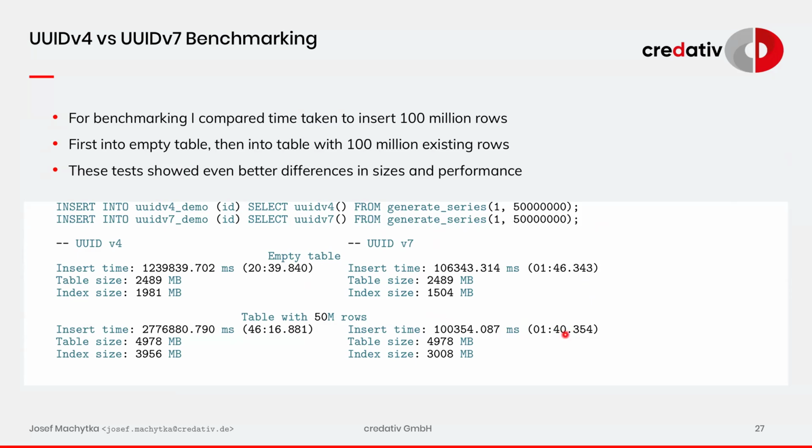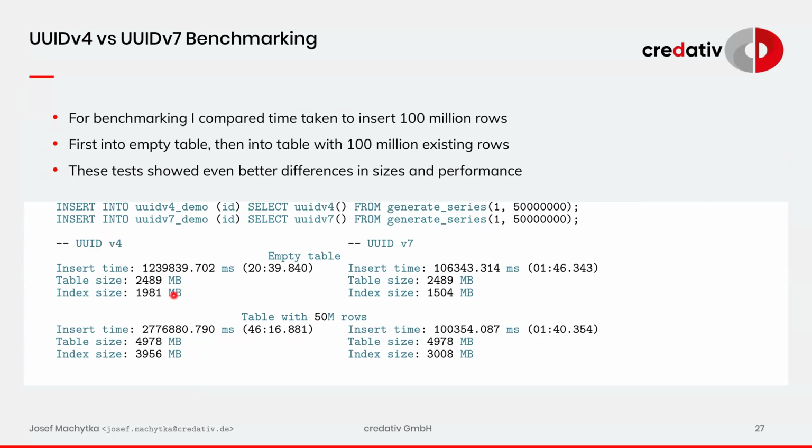I don't know why, but the difference is statistically absolutely negligible. But with UUID version 4, that insertion time was more than 2 times bigger. It took 46 minutes and 16 seconds to insert another 50 million rows into the table with UUID version 4.